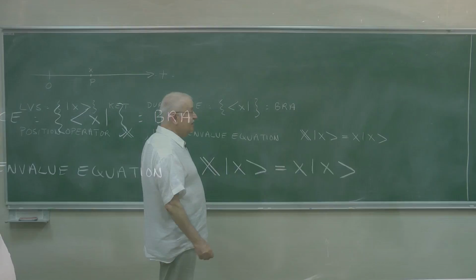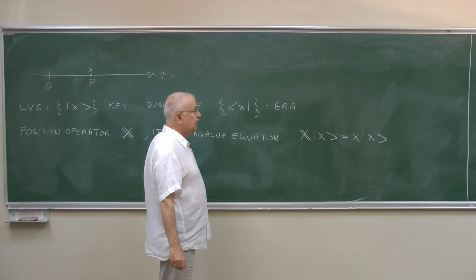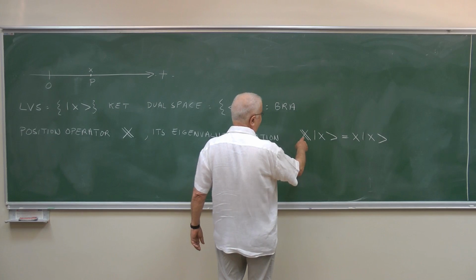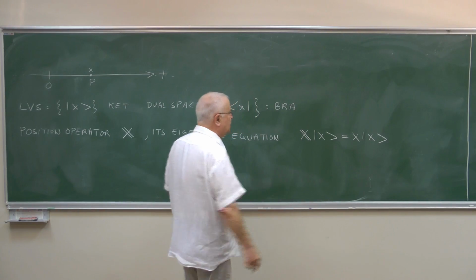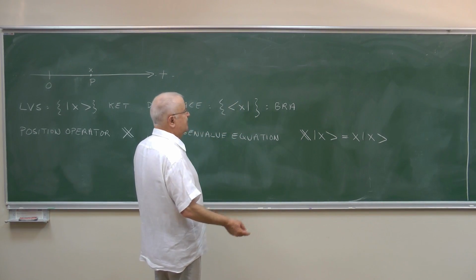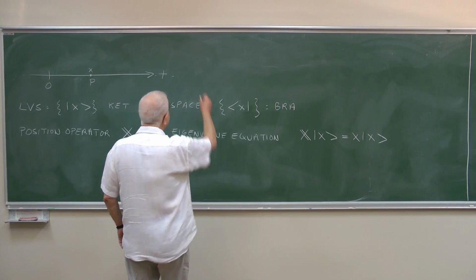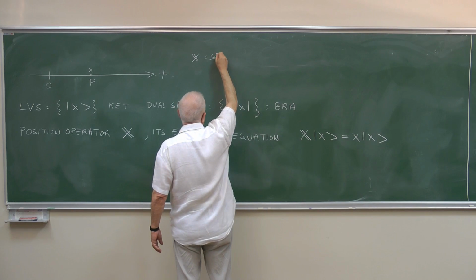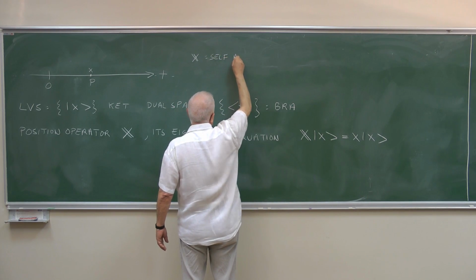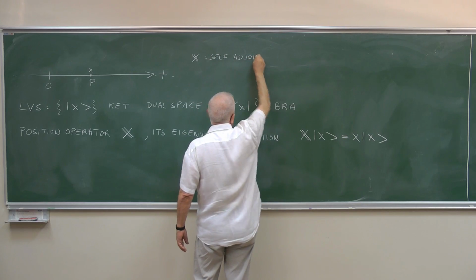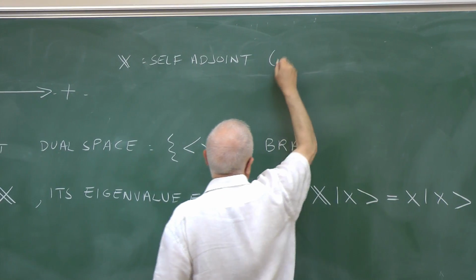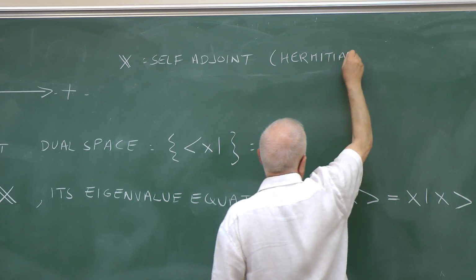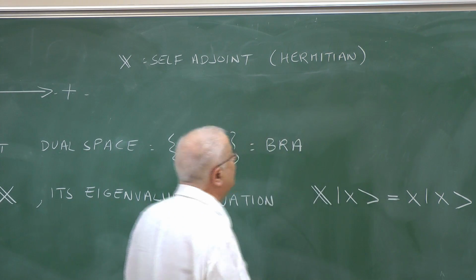Now, x's are real. This doesn't guarantee that x is a self-adjoint operator, but it can be made self-adjoint. So I'll say x is self-adjoint, as mathematicians call it, or Hermitian as physicists call it.